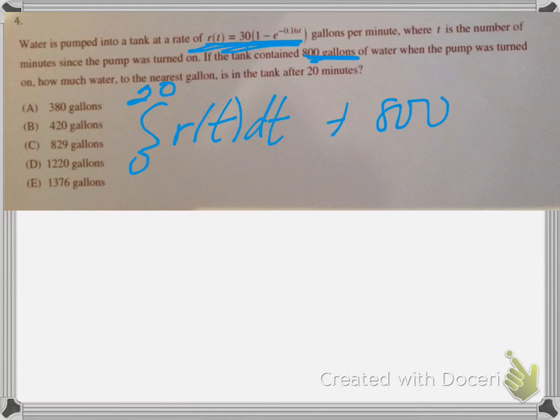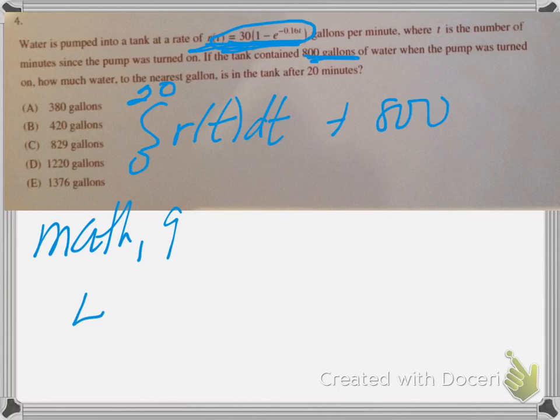Okay, so you're going to go into your calculator, you can do math 9, and this is your function right here, this piece right there, and your variable is x, and you're going from 0 to 20. And when you put that in the calculator, and you could not possibly do this by hand, so this would definitely be a calculator question, you will get this.